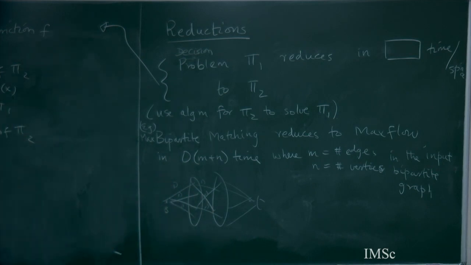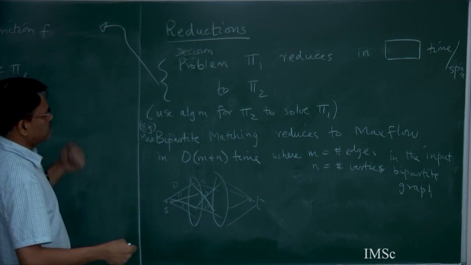I produce that network such that x has a matching of size k if and only if this network has a flow of value k. So this is about transforming an instance of one problem to an instance of another problem, so that we can use the algorithm for the other problem to solve this problem.